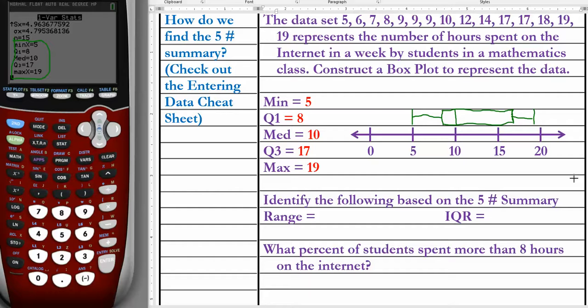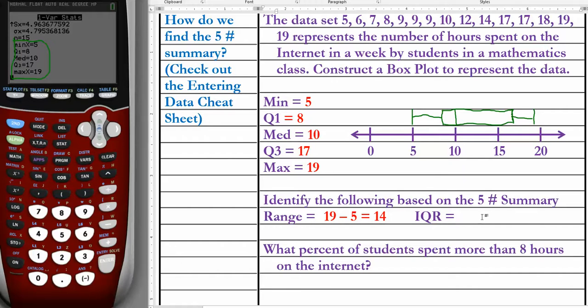But now we've got to answer some questions. First, what is the range? Well, the range, of course, is the maximum minus the minimum. So 19 minus 5. Oh, I didn't type that one in. So 19 minus 5 is 14.